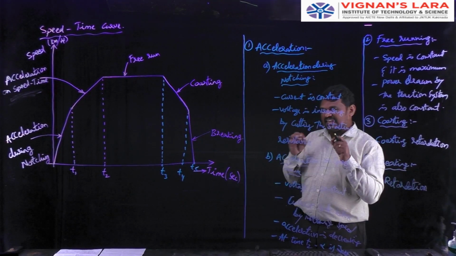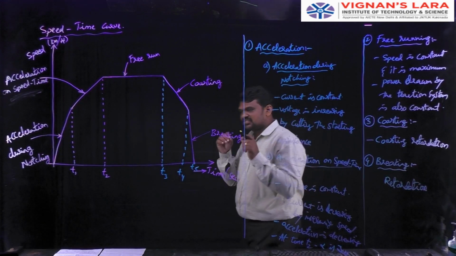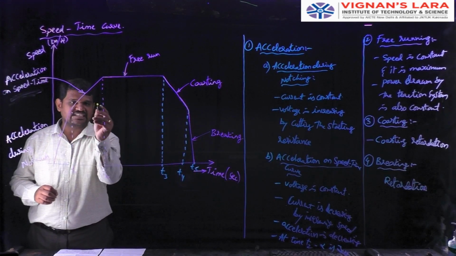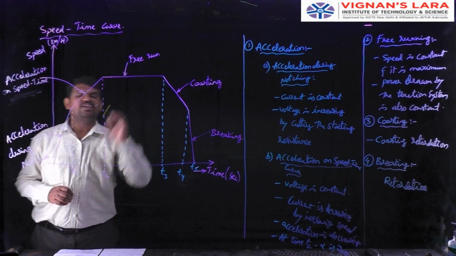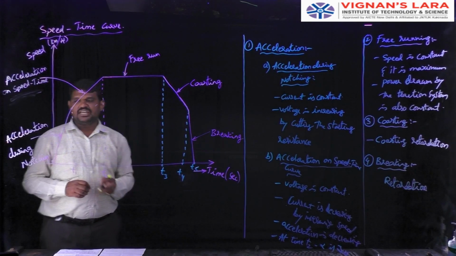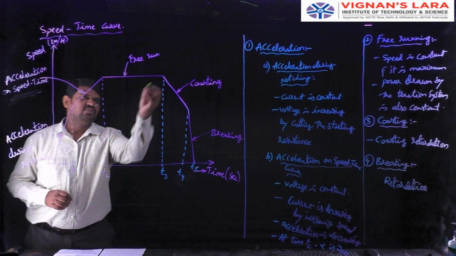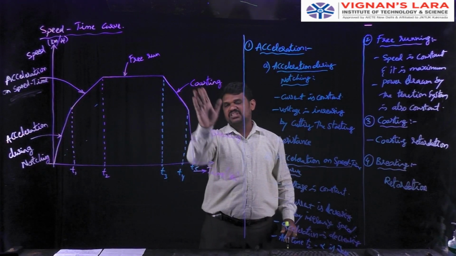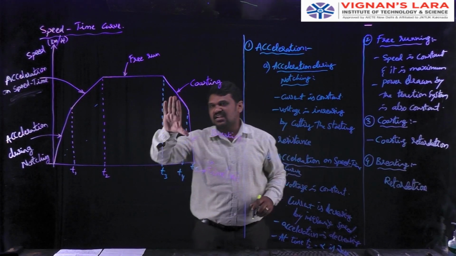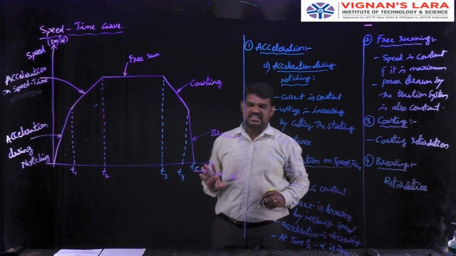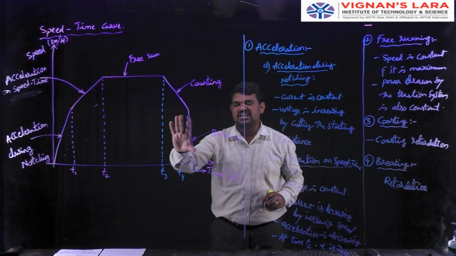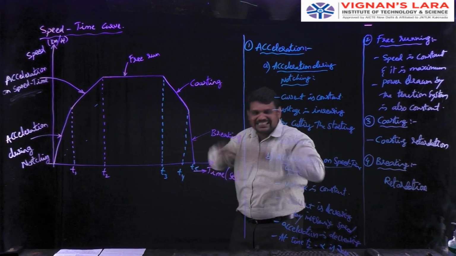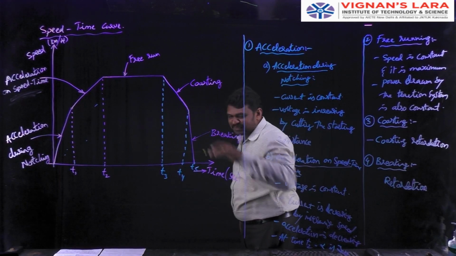The electrical energy is consumed by the traction system only in the acceleration period and free running period. In the coasting and braking periods, it does not consume any energy.